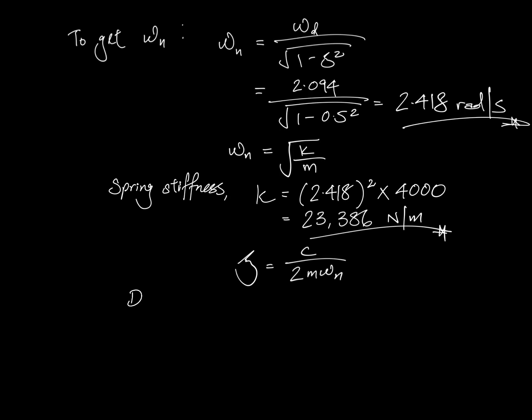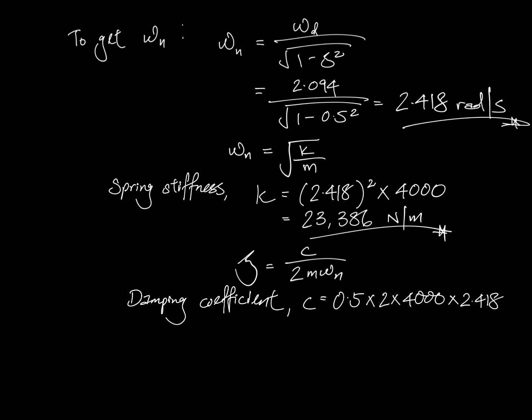Therefore, our damping coefficient C is equals to 0.5 times 2 times 4,000 times omega n, 2.418, which is equals to 9672.